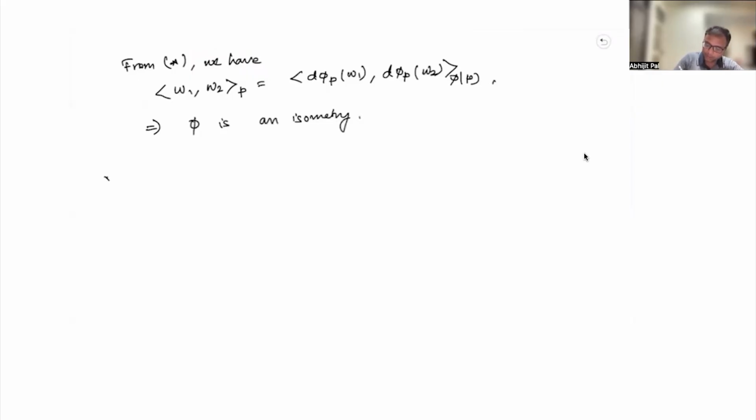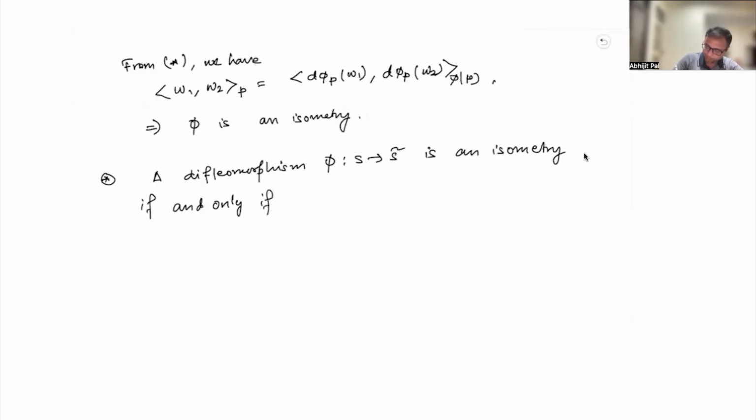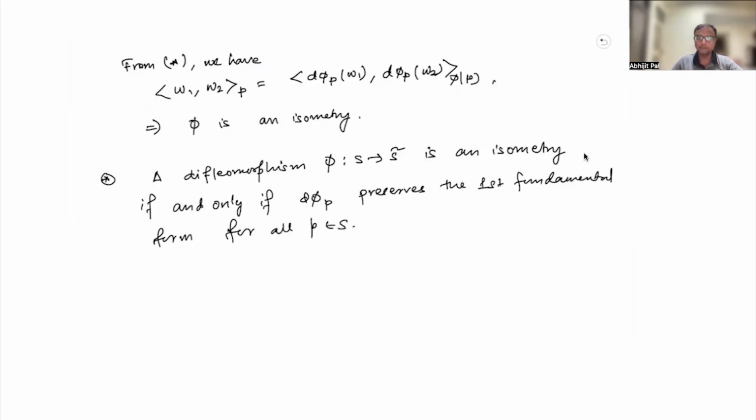So what we have proved is the following: a diffeomorphism phi is an isometry if and only if d phi p preserves the first fundamental form for all p belonging to S.